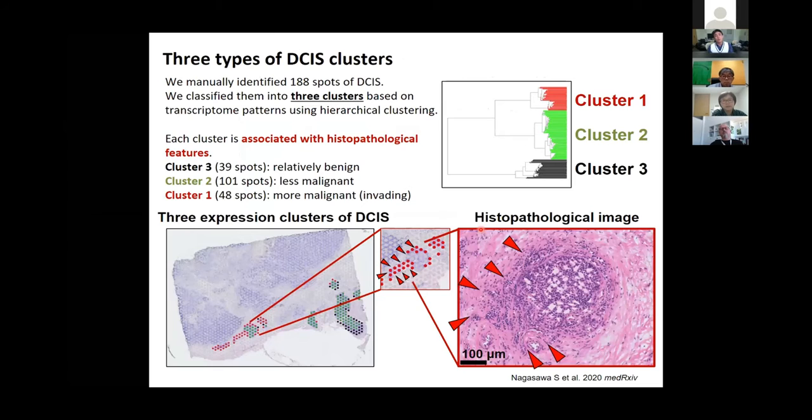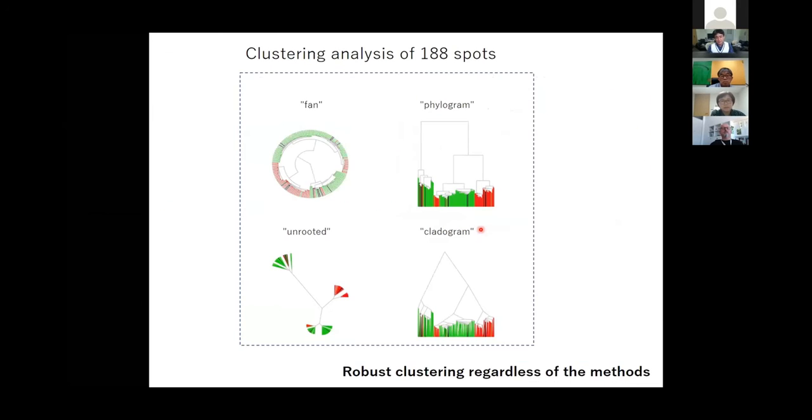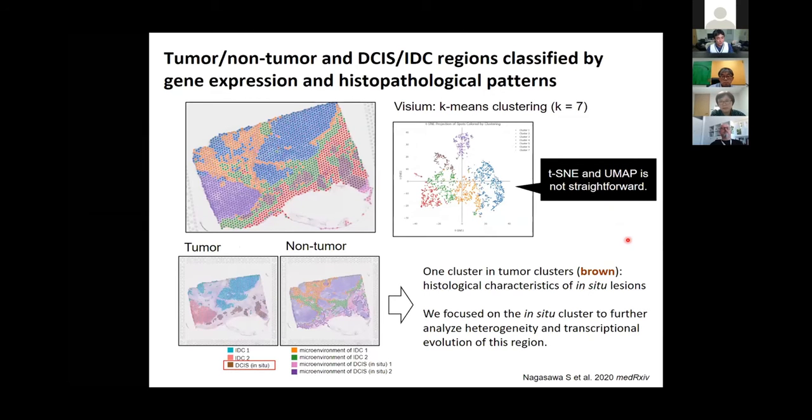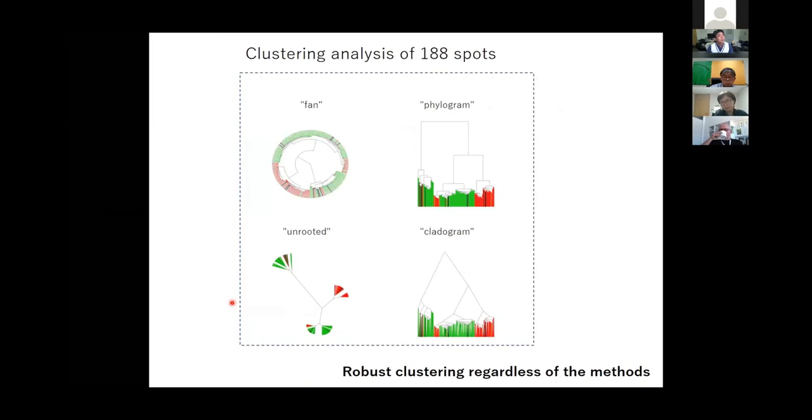So first we wanted to analyze the difference between those three clusters, the DCIS, the early stage IDC and the late stage IDC, and we conducted the clustering analysis, and the following results are relatively robust regardless of the clustering methods.